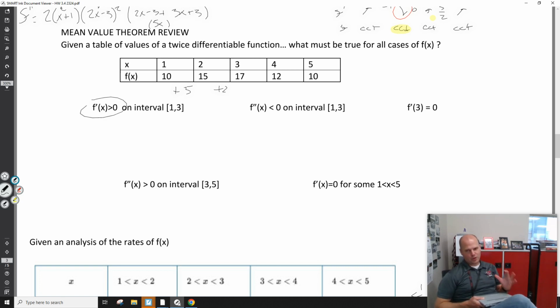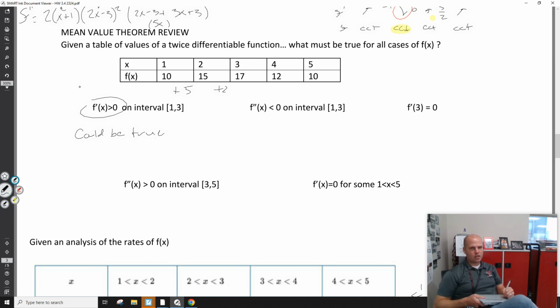Well, the problem with this is that it could be true. It's most likely true. But heads up, we're going to practice this too next class. There's a difference between could and must, most likely and always. In mathematics, that difference is very important.